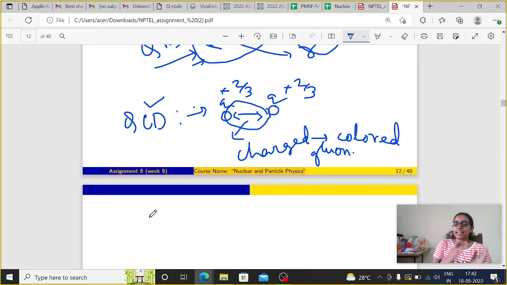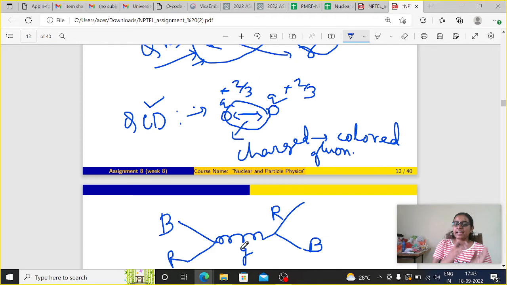Okay, so let's just say I'm writing one example here, B and then here R. This type of diagram is nothing but the Feynman diagram, and this is the gluon.